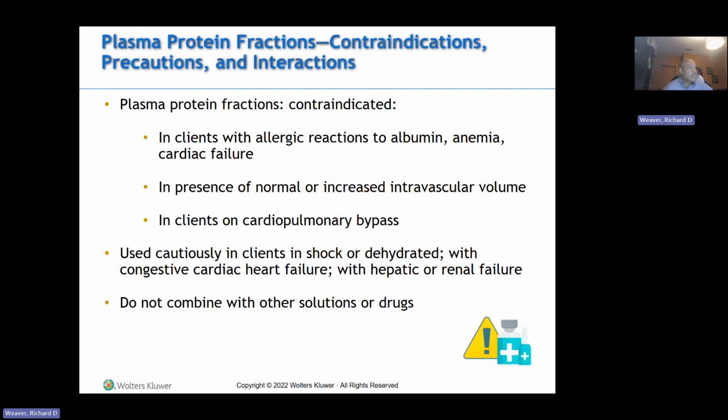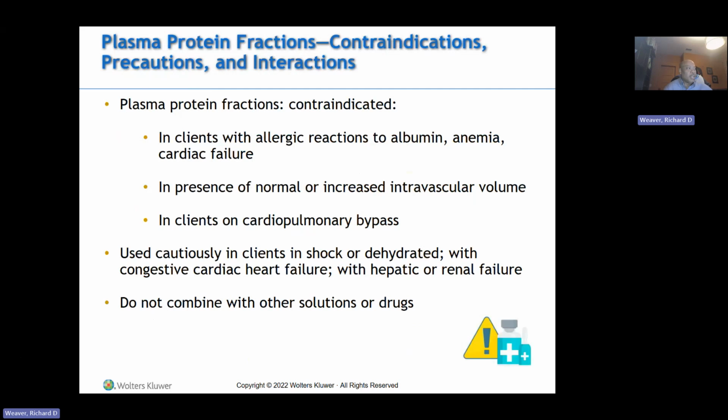All right, so in terms of contraindications, precautions, and interactions, plasma protein fraction is contraindicated in those with allergic reactions to albumin, anemia, as well as cardiac failure, because it can be too much volume for the cardiac system.